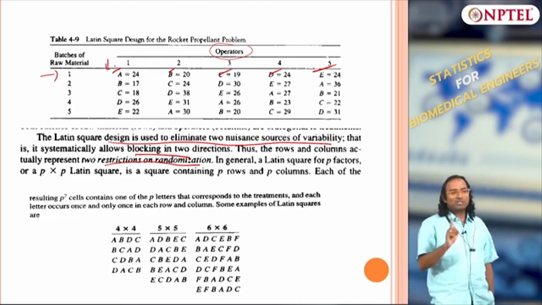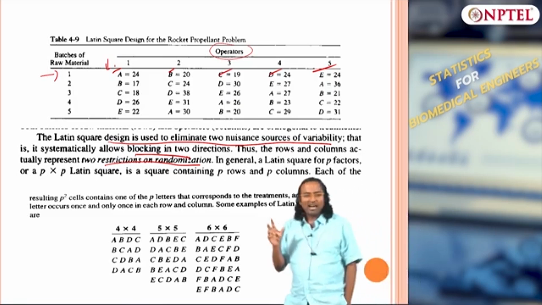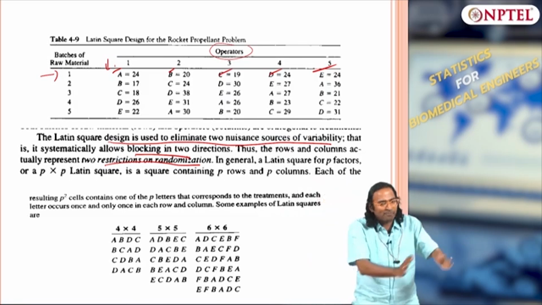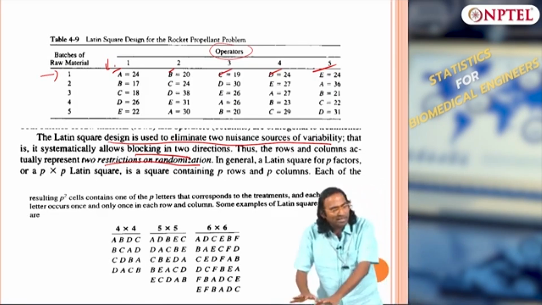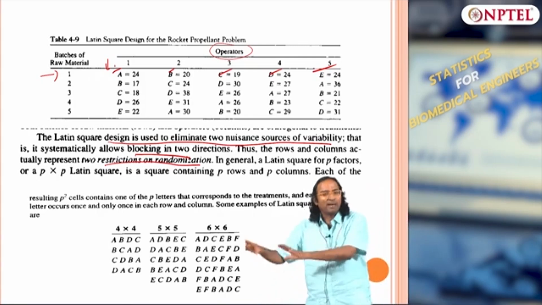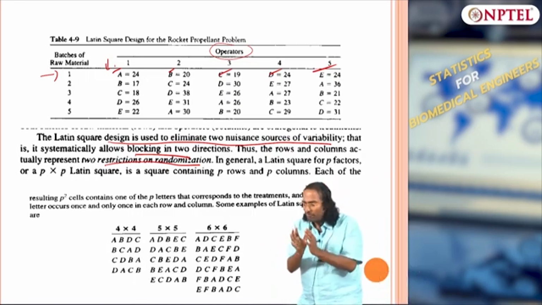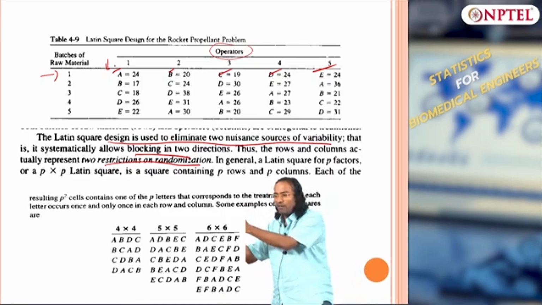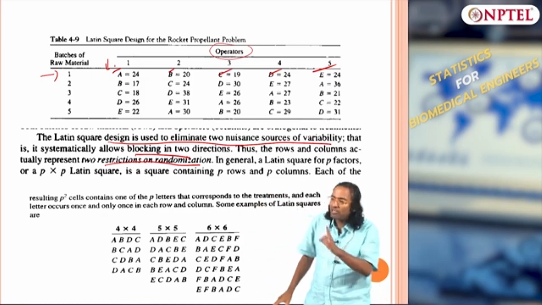This is a specific square design; the treatments, the nuisance factors, the rows and columns, everything has to match. I can replicate this square multiple times, meaning I finish this square, I make another square, and another. To answer your question, I can make multiple small Latin squares and start working, but each should be a square design.